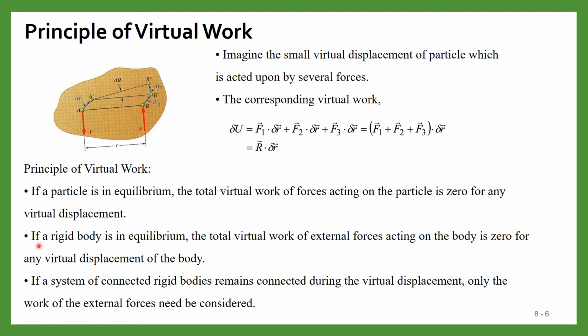And if a rigid body is in equilibrium, the total virtual work of external forces acting on the body is zero for any virtual displacement of the body. So we calculate the virtual work, equate it to zero, and then we can calculate any unknown quantity.